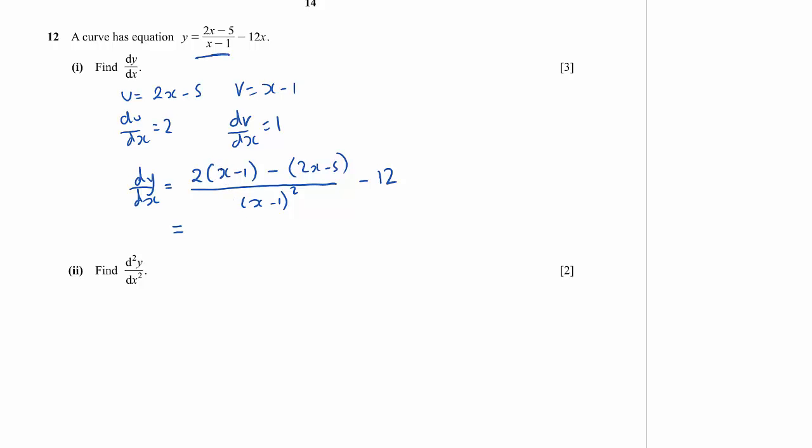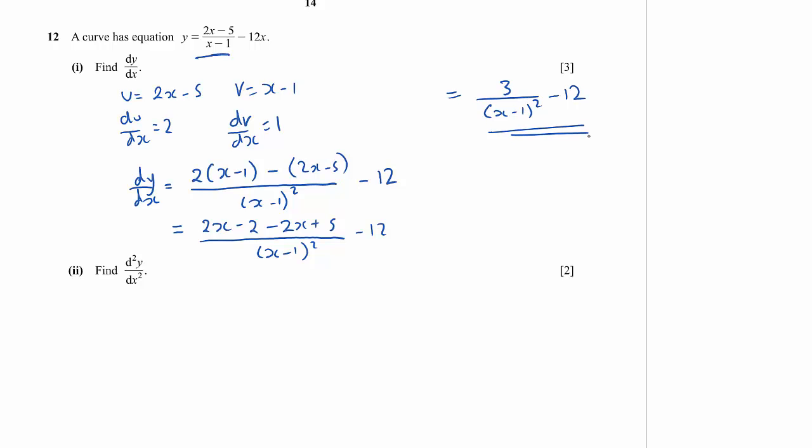So on the top here I've got 2x take away 2, then I've got 2 take away 2x plus 5, all over (x minus 1) squared, take away 12. So those two 2x's are going to cancel out, and I'm going to end up with 3 over (x minus 1) all squared, take away 12.